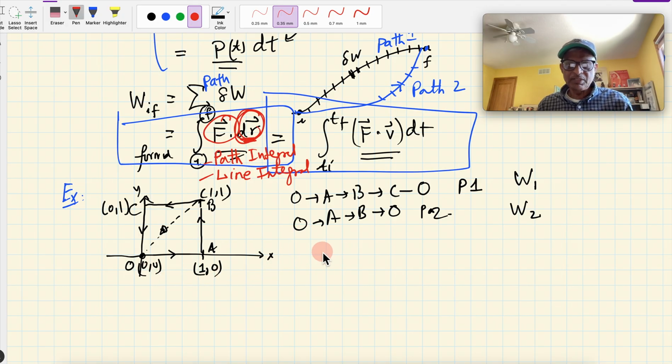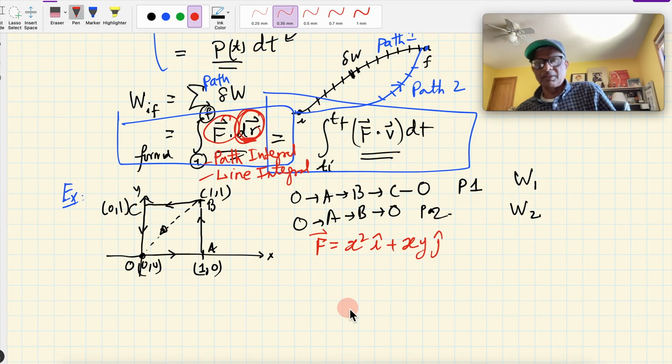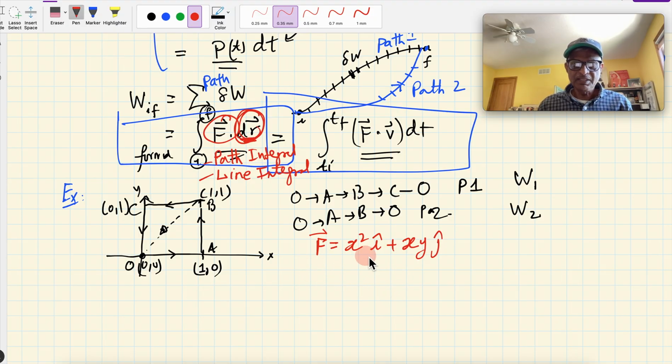So let's look at the force. The force we're going to do is maybe x squared i hat plus xy j hat. Okay, so you can see on this part x is 0.